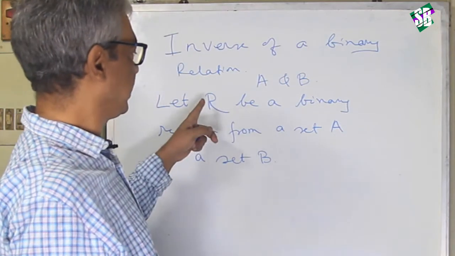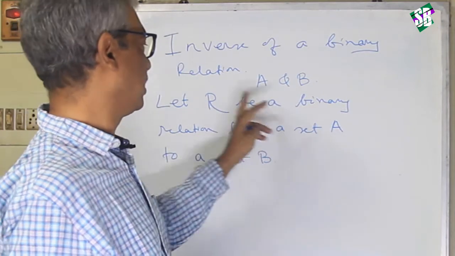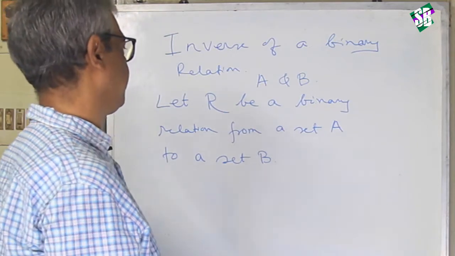So this means that R is non-empty, R is a subset of A cross B.